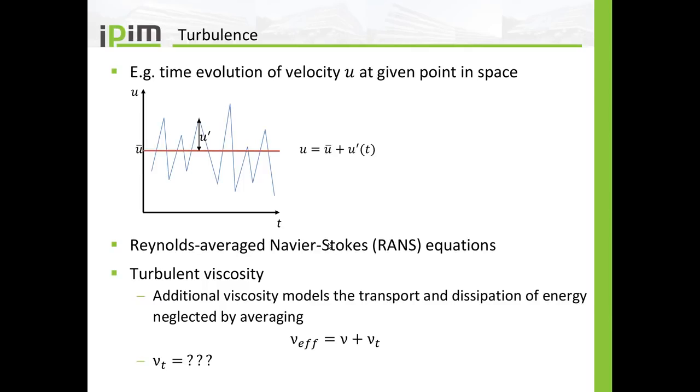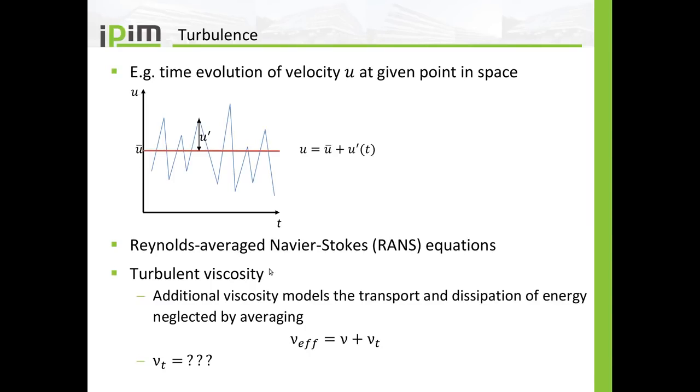And in the Reynolds averaged Navier-Stokes equations, we say that we do not care about these oscillations and we are neglecting those oscillations, but you make an error with that. So instead of considering these oscillations, we have to add something else, and this something else is this turbulent viscosity, which is a model viscosity, which has nothing to do with physical viscosity.